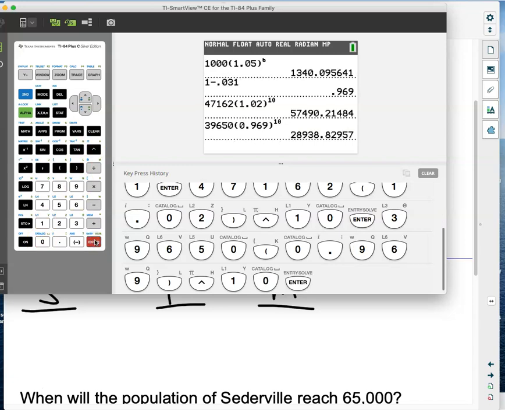It was supposed to go down because this one was decreasing, so 28,939, rounding to the nearest person.